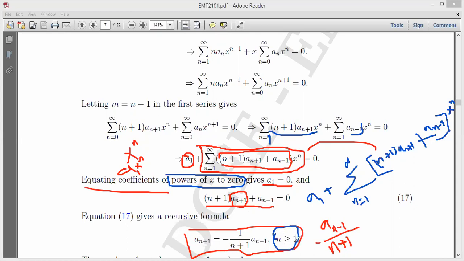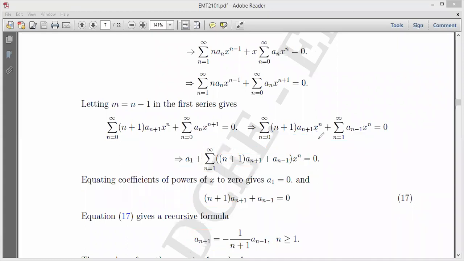Because if you run this from 0, that would be a fundamental mistake. You'd be again substituting what has already been catered for. In our attempt to simplify to this step, we had already substituted n equal to 0. That's why we insist that in this recursive expression, we substitute for n starting from 1, and we can go all the way up to infinity.